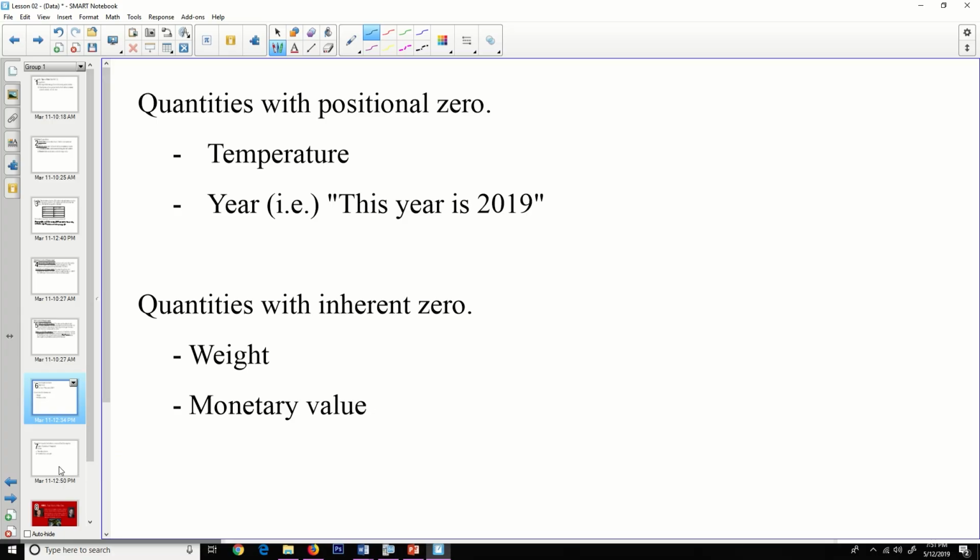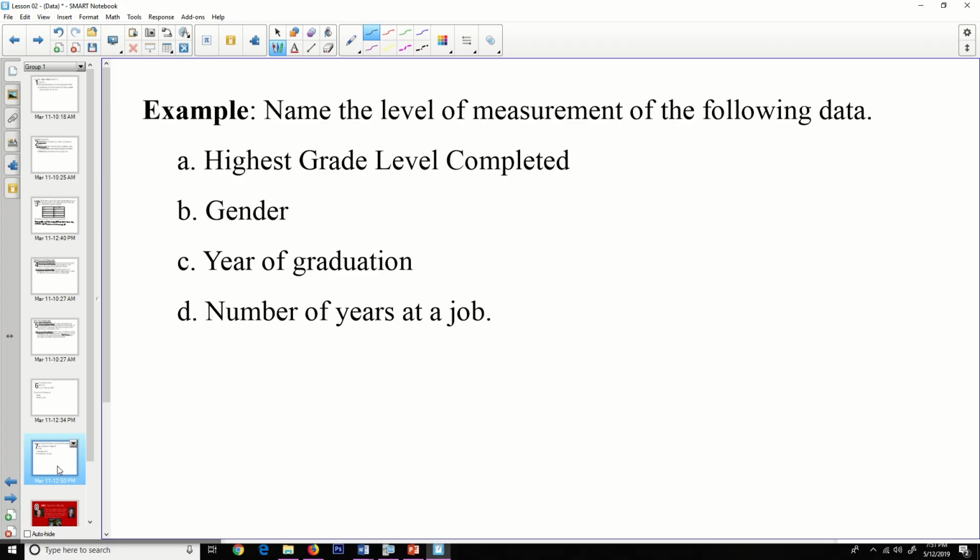So let's finish off with an example here. Let's name the level of measurement of the following data. We've got highest grade level completed, gender, year of graduation, and number of years at a job. So first, highest grade level completed.